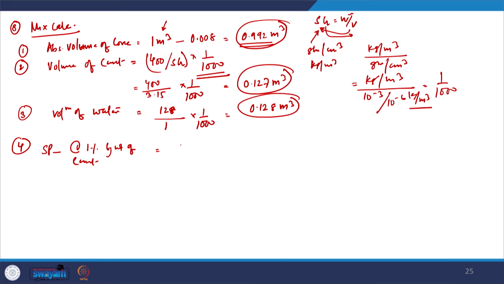So, it is 0.01 into 400 kgs per meter cube. This is the weight. If I want to find the volume, I have to divide by the specific gravity, which was 1.2, and then multiply it by 1 by 1000. So, this becomes equal to 0.0033 meter cube if you do the calculation.